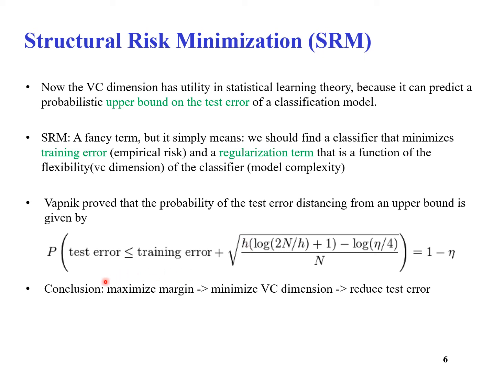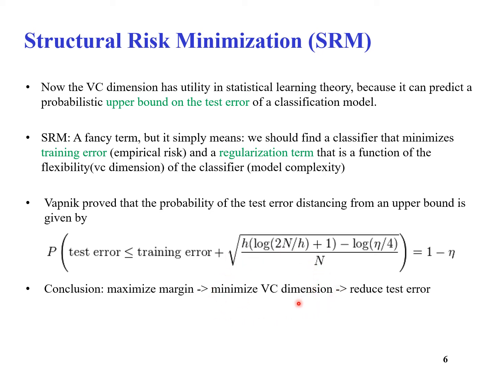So finally, if you go back to the beginning of this chapter, the question was, why do we maximize the margin of the line in SVM, right? The reason is, if you maximize the margin of the line, then it actually minimizes the Bayesian dimension of the classifier.